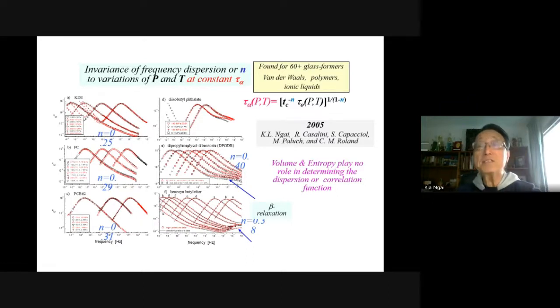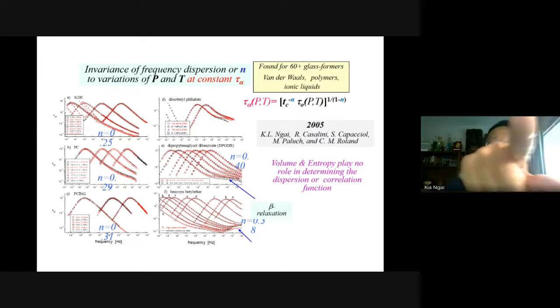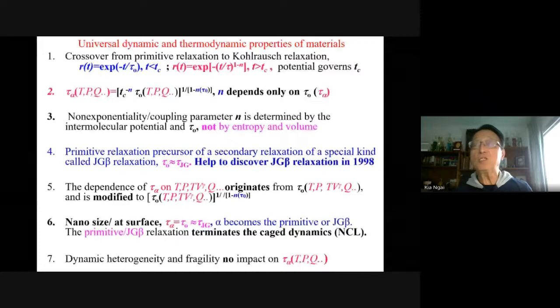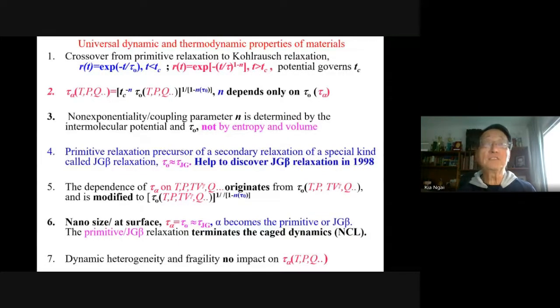Oh, sorry, this light arrow is pointed the wrong way, should be on the other side. So this is 201. Okay, so now number 2 is, in a way, that n depends only on tau 0 or tau alpha, interchangeable. You can see it either way, because the relation is already telling you n is important.